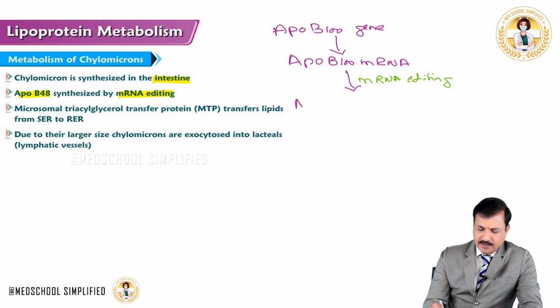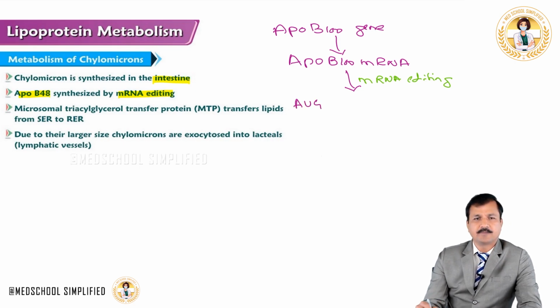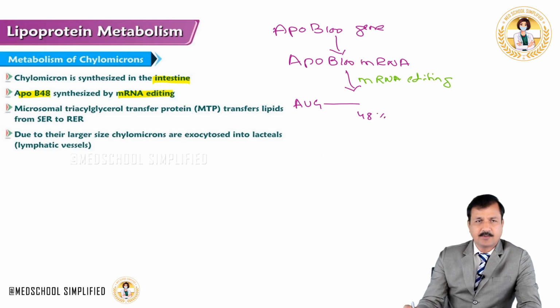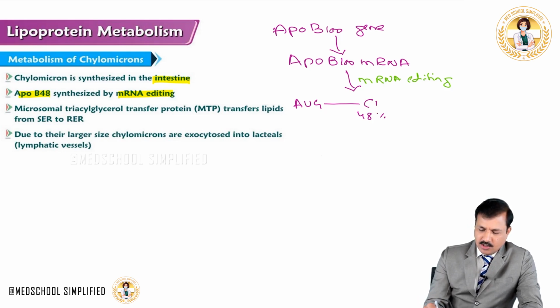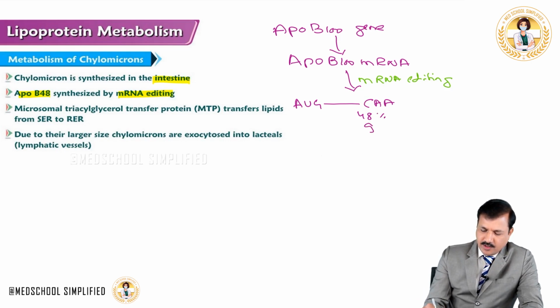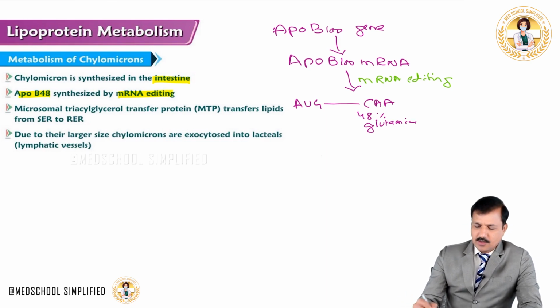The mRNA has AUG as the initiator codon, and then at 48% of the Apo B-100 mRNA there is a codon CAA, which normally codes for glutamine. After that it goes on all the way, and then there is a stop codon, say UAA, UGA, UAG, so I'll write UGA.